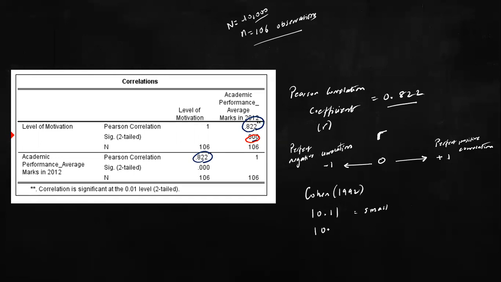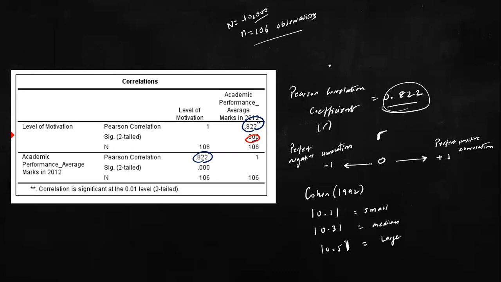If it is around 0.3, we'll qualify it as a medium effect. Around 0.5 modulus, you qualify it as a large effect, right? And so we get 0.822. So therefore we can say two things about it.